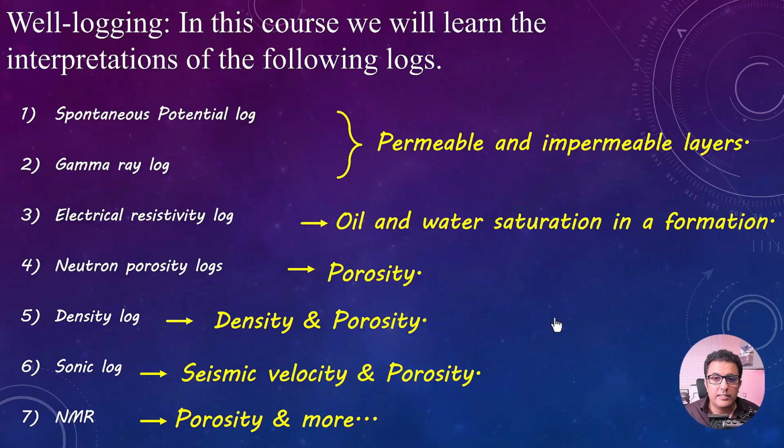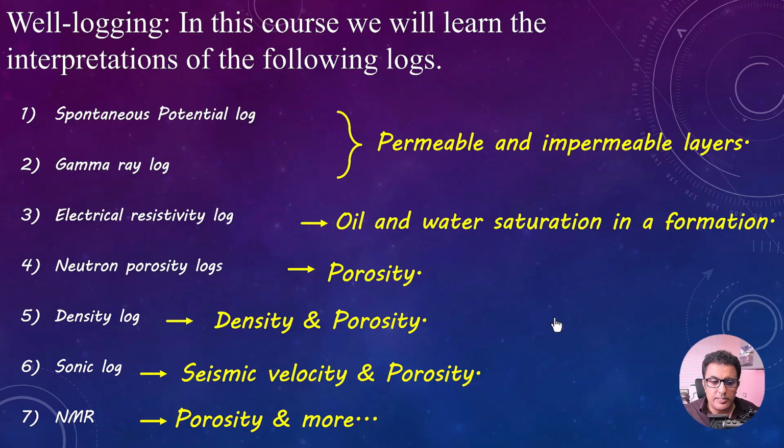And from these two saturations, we are able to estimate, first of all, the hydrocarbon saturation in the formation, and also we may have some rough idea about the volume of the producible hydrocarbon in the formation.